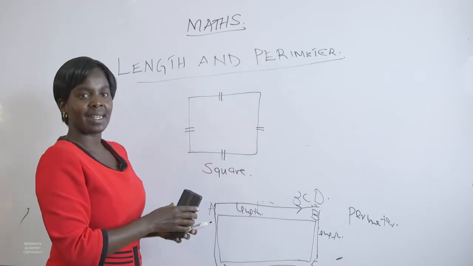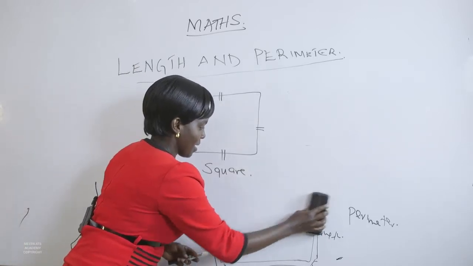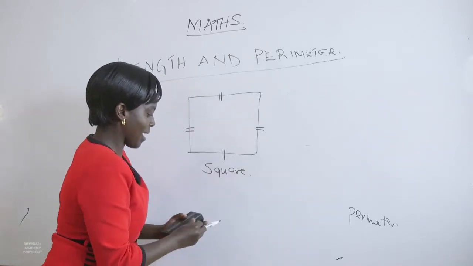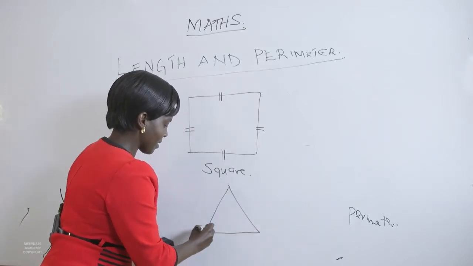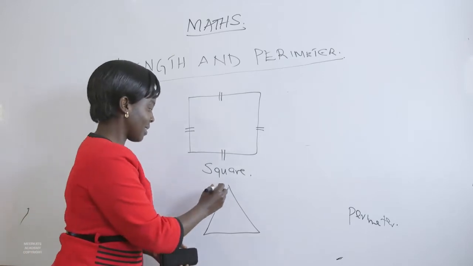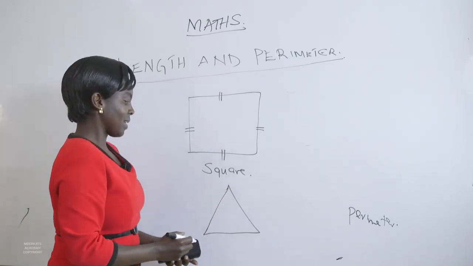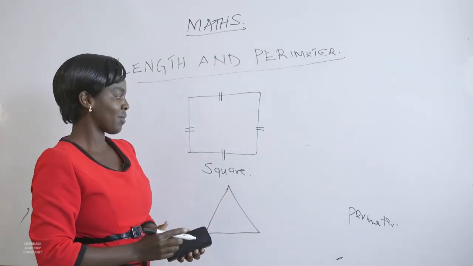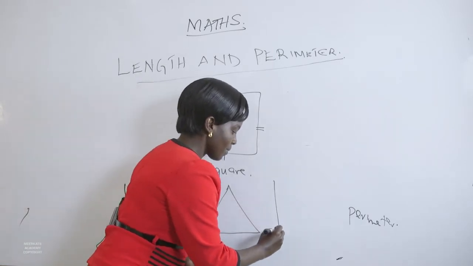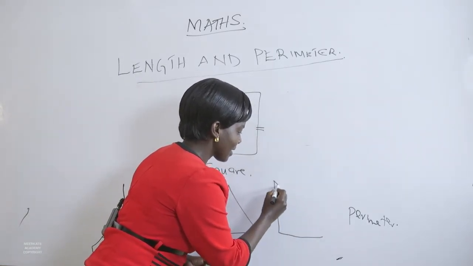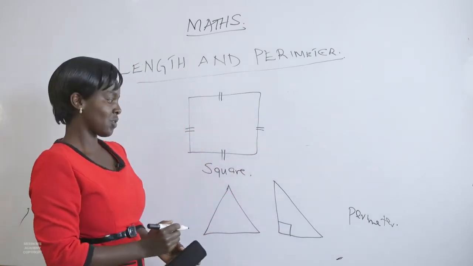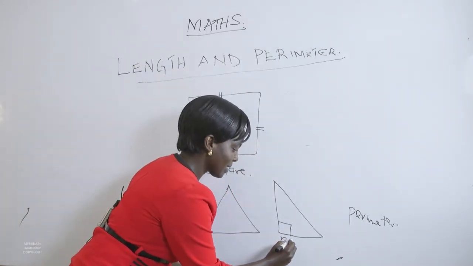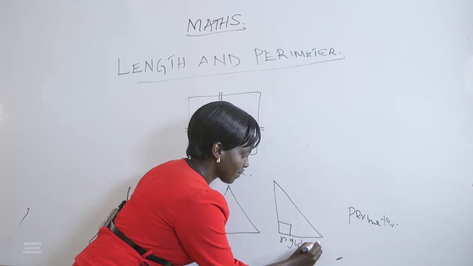We also have another shape, a triangle. We have different types of triangle. A triangle is a three-sided figure, and it can be a right angle triangle, meaning one angle is 90 degrees.